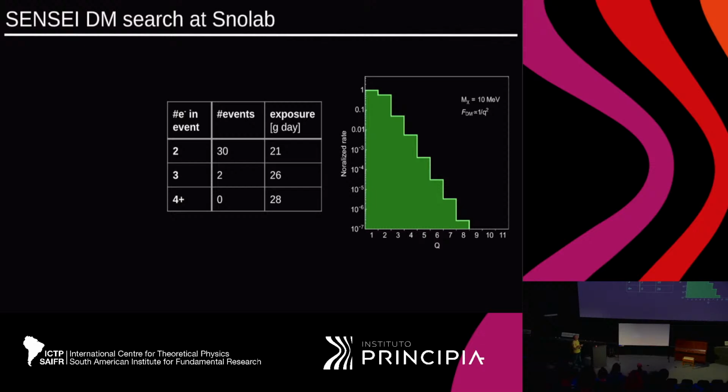For these 2 events with 3 electrons in them, actually this is not compatible with just random coincidences of 1 electron events by a lot. You would expect something that is almost 0 there, 10 to the minus 7, whatever. I don't remember the number, but it's very, very small. And these 2 events, we cannot explain them as random coincidences.